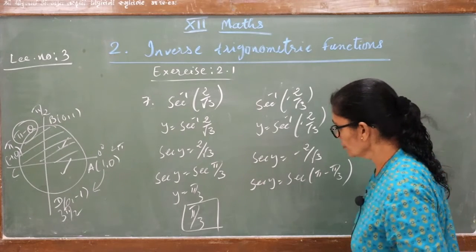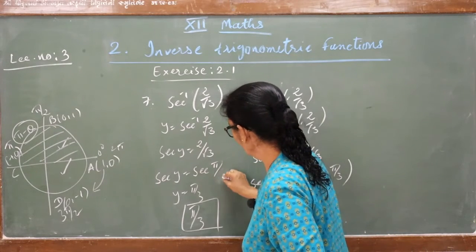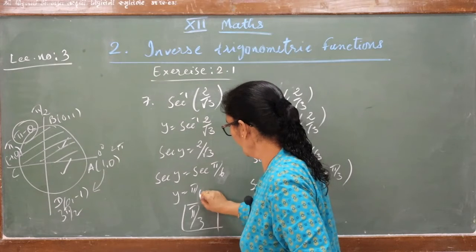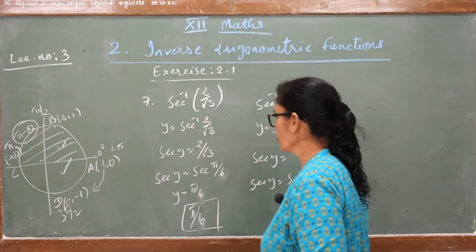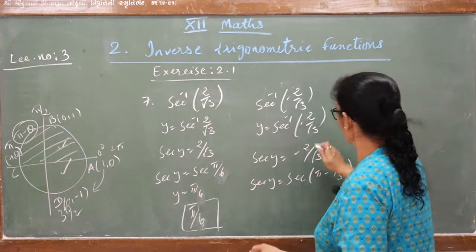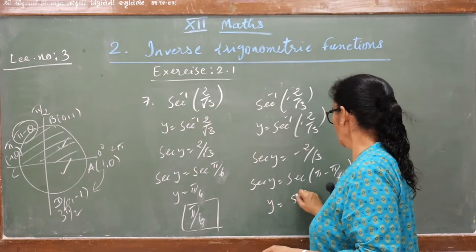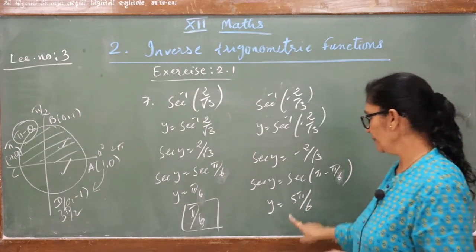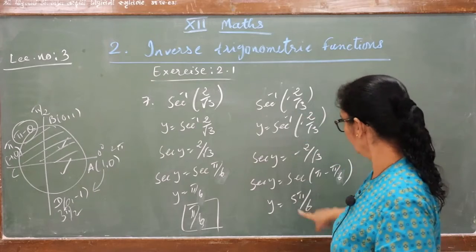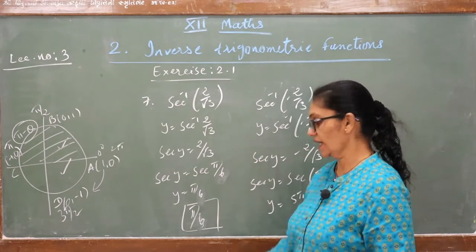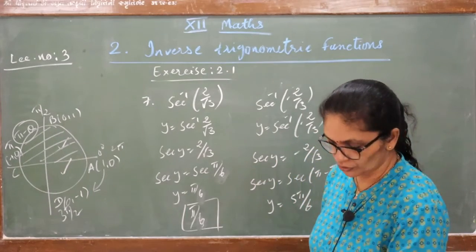Right? Sorry, pi by 6. 2 by root 3 is for pi by 6, because cos pi by 3 is half. So this will be pi by 6. So what is it? 5 pi by 6. Principal value for the negative sign is 5 pi by 6 and for the positive sign pi by 6. So clear?